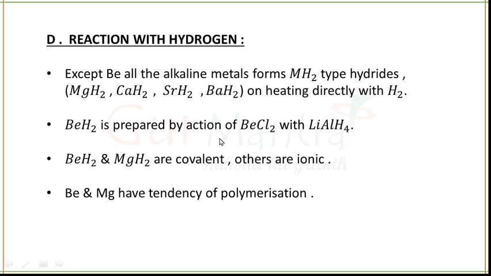You need two molecules of BeCl2. When you react two molecules of BeCl2 with LiAlH4, you will get two molecules of BeH2 with LiCl and AlCl3. This is the formation of BeH2. BeH2 and MgH2 are covalent compounds, while the rest of the metal hydrides are ionic in nature.